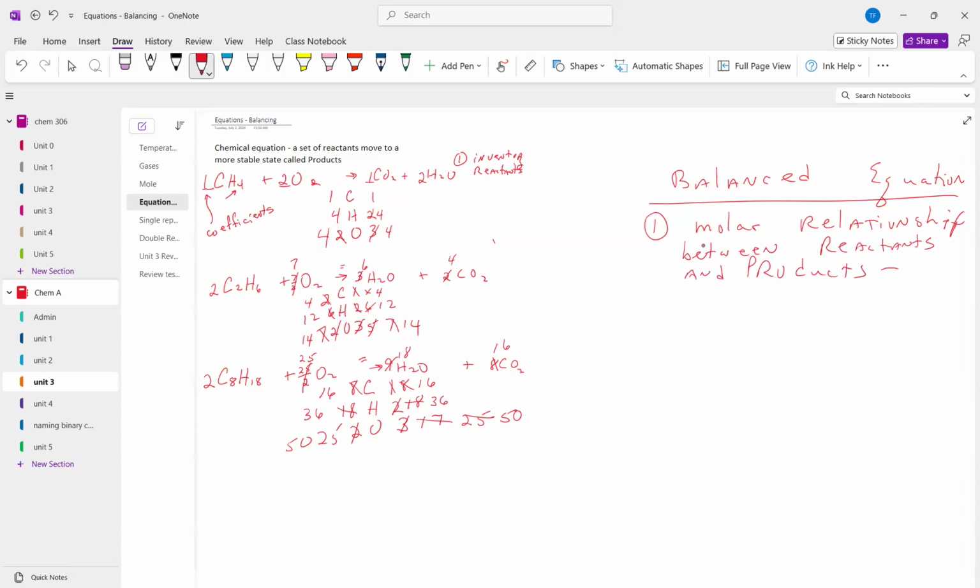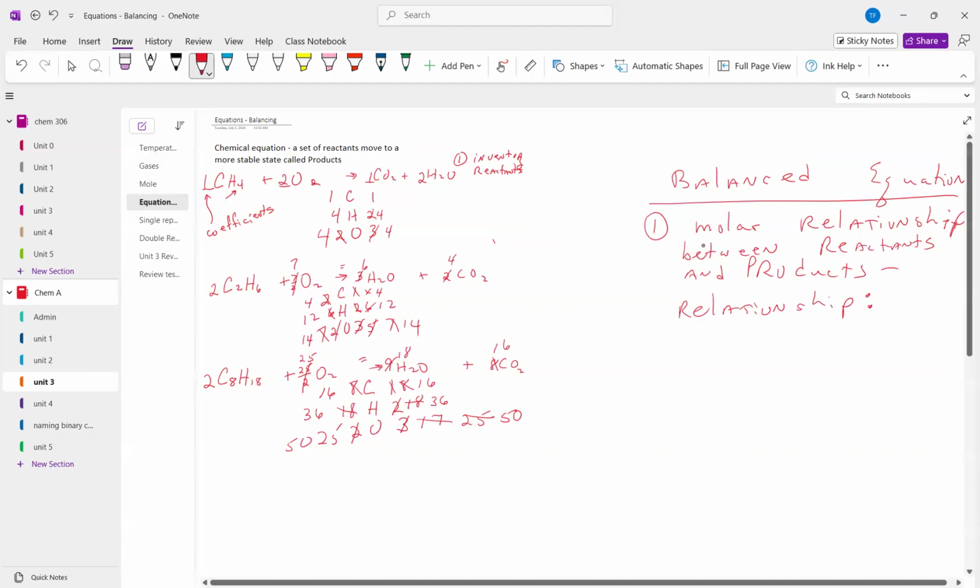And that relationship is the coefficient ratios.